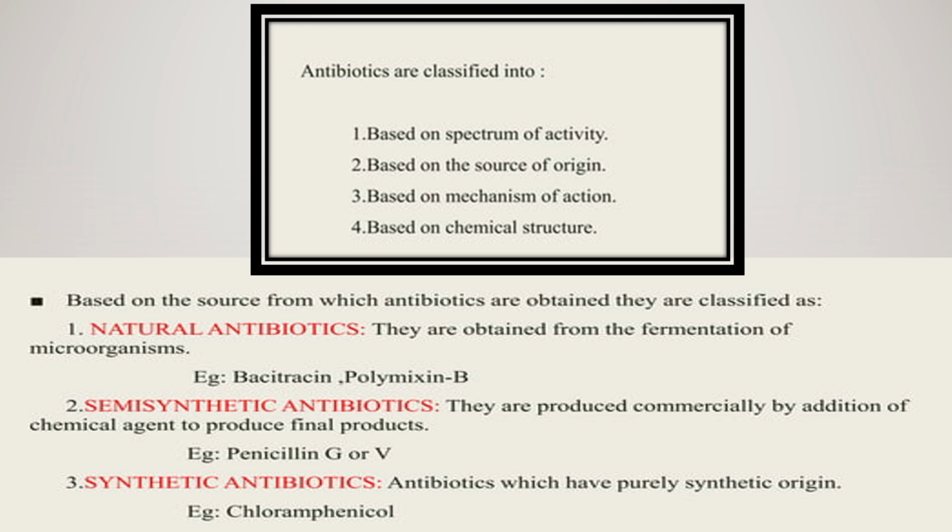Examples of such antibiotics are penicillin G and penicillin V. Please take a note of the same. What type of antibiotics do we obtain from the semi-synthetic source? Penicillin G and penicillin V.